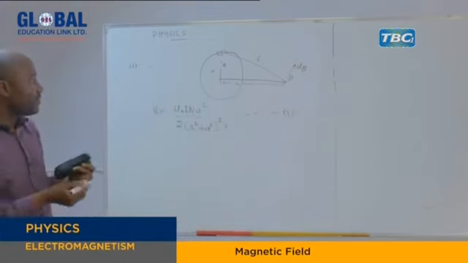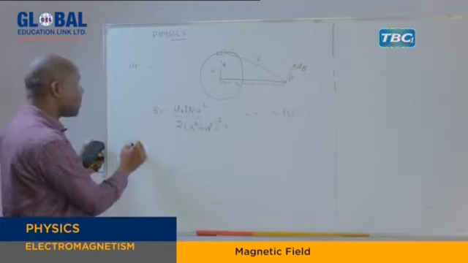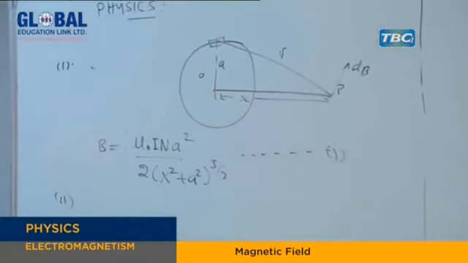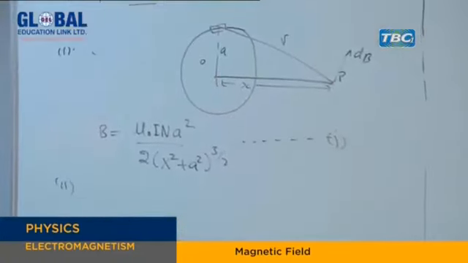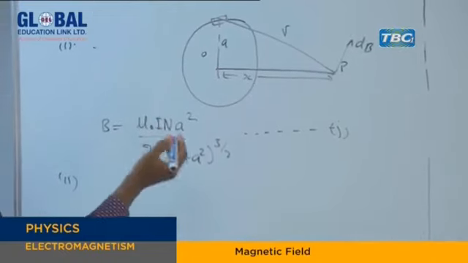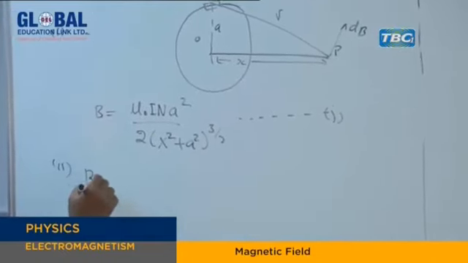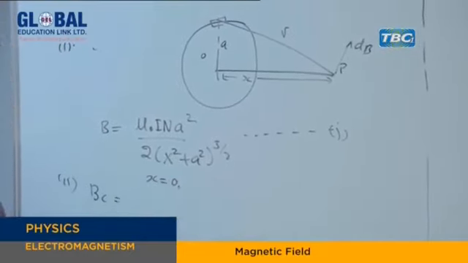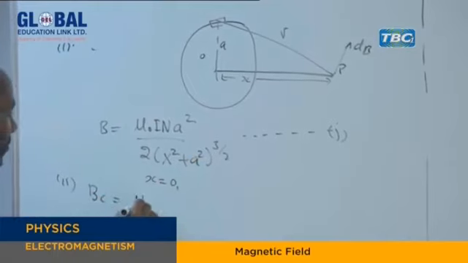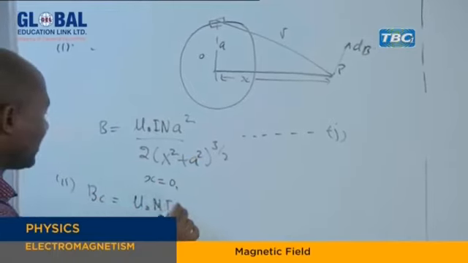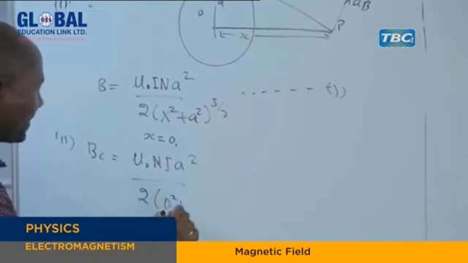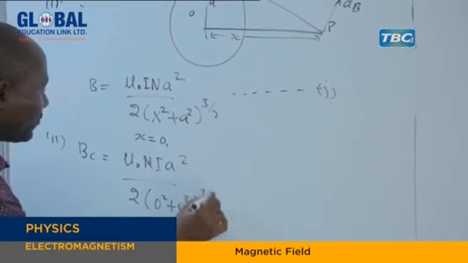Then, from this, we deduce the formula for the same wire when that point is at the center. If P is at the center, you are finding the magnetic flux density of a coil at the center. That means our x equals 0. If you plug in 0, you have mu N I A squared over 2 times (0 plus A squared) to the power 3 over 2.